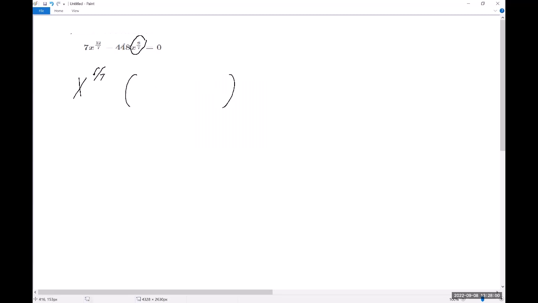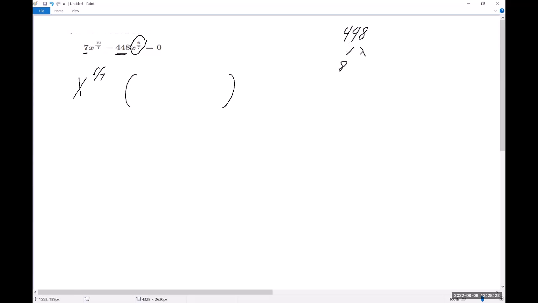But also we want to know whether there's a number that goes into both of these. 448. We should check if it's divisible by 7. I could just get a calculator and divide, but I'm gonna try it this way.